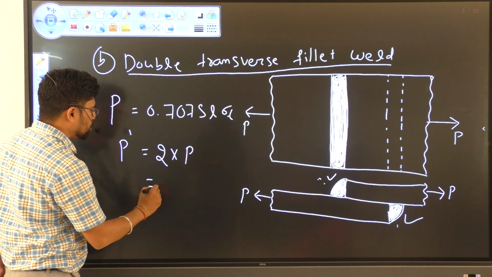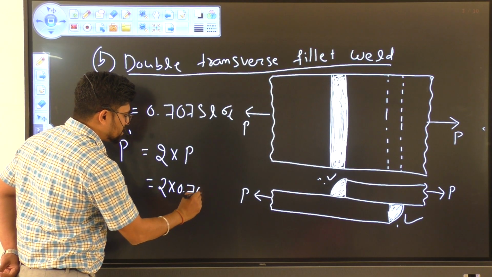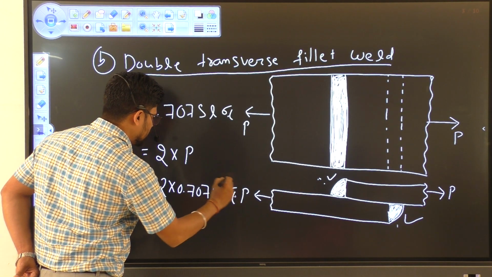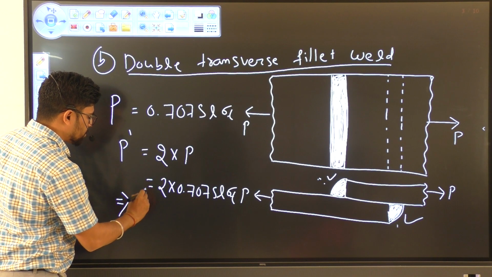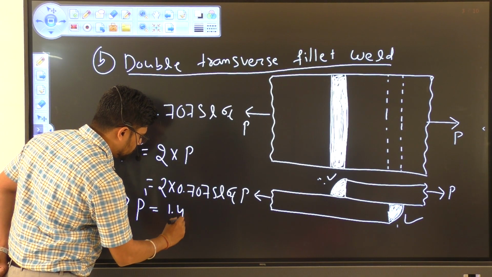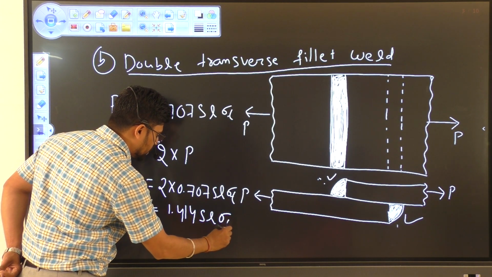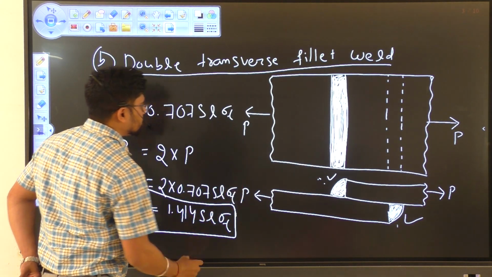So P double equal to 2 into 0.707 SL sigma T, or the strength of double transverse fillet weld is 1.414 SL sigma T.